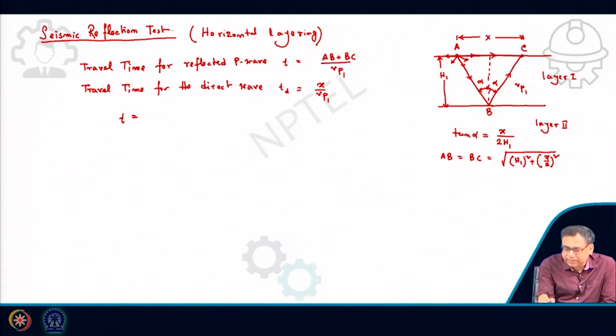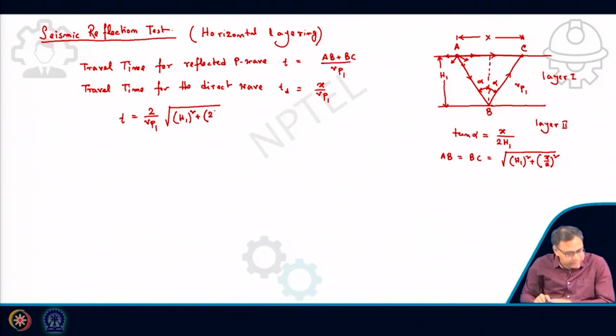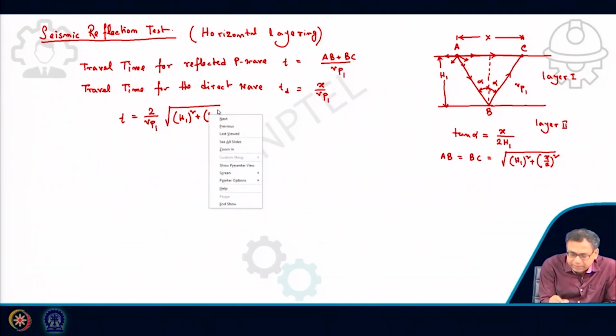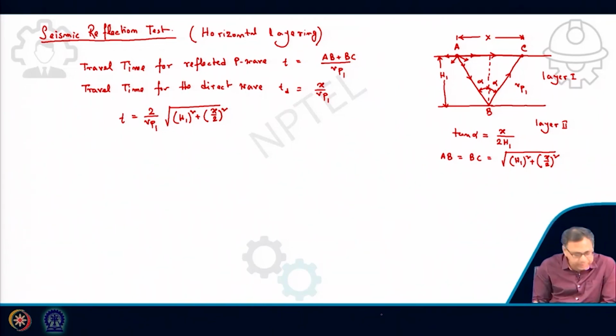this is BC, AB is equal to BC, so this will be 2 over Vp1, then root over H1 square plus x by 2 whole square.